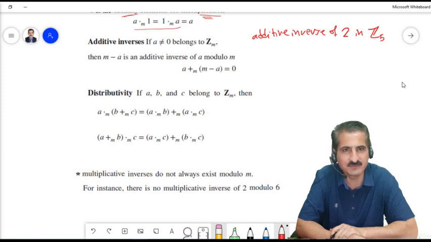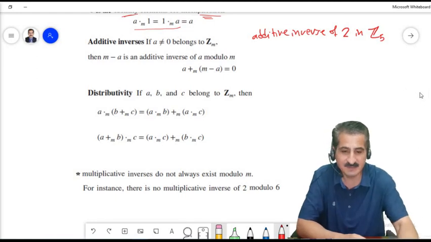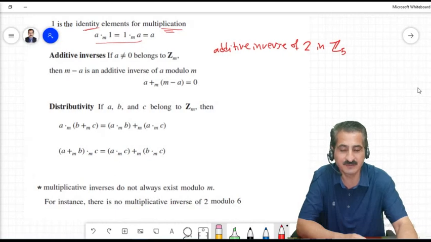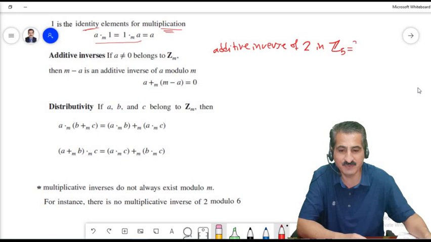Negative 2 is not a member of Z5, right? Because Z5 is simply 0, 1, 2, 3, 4. So negative 2 has to be one of these. Which one of them is negative 2? Actually, 3.